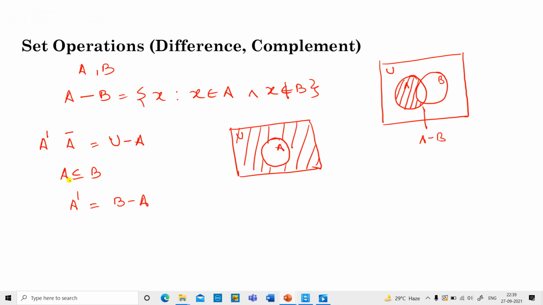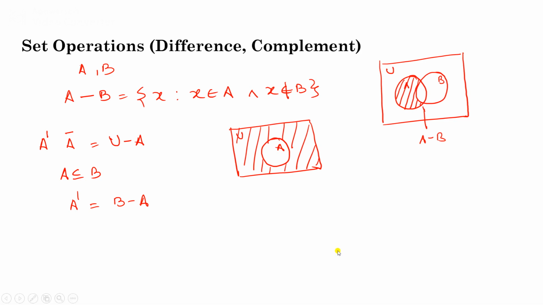Because A is a subset of B, you can say B is a superset of A. We can define the complement of a set A dash as the set of X such that X does not belong to A. This is the complement of a set.